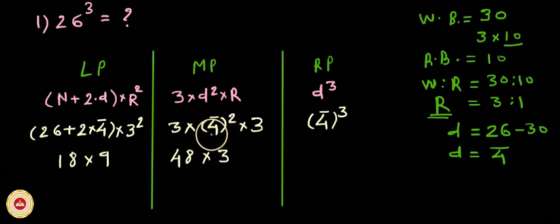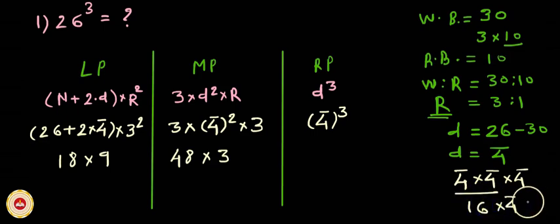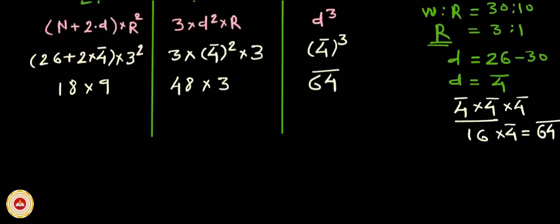What is the right part? Negative 4 cubed, so negative 4 multiplied by negative 4 multiplied by negative 4. These two negative 4s give positive 16, multiplied by negative 4 is negative 64. So let us write negative 64. Now let us calculate further. 18 nines are 162.